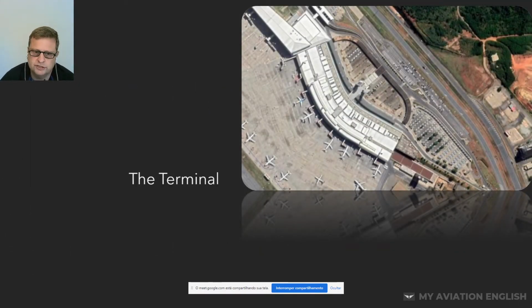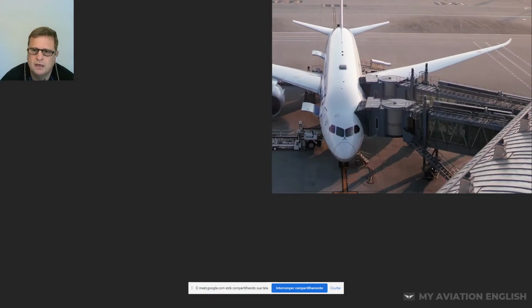Now, the terminal. Na verdade era para você adivinhar, mas tudo bem. Terminal. Repete para mim. Terminal. Você consegue dobrar o R mais para fazer mais caipira? Terminal. Exato, ficou melhor agora. How we call this access to the airplane?